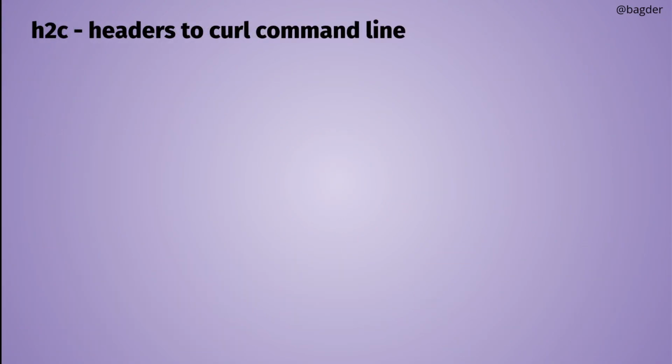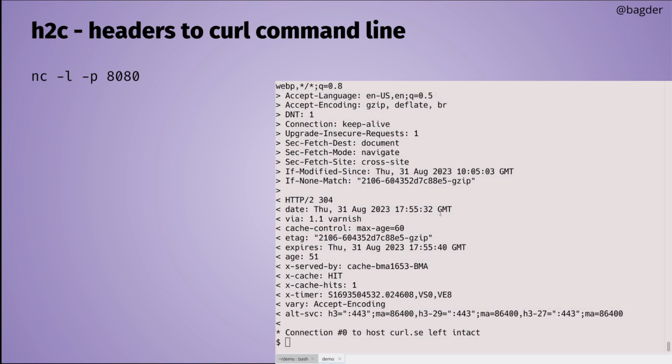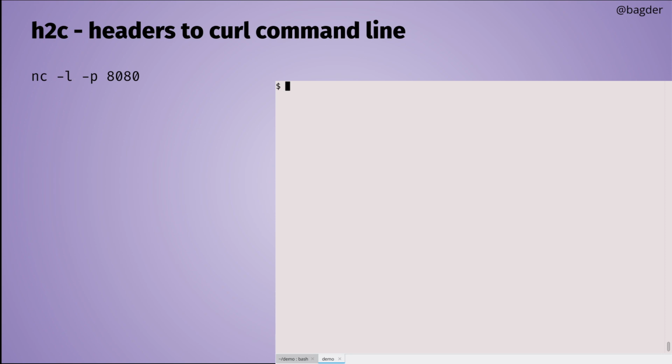If you want to mimic a browser, I wanted to show you this fun little service that I have, which is called headers to curl. So basically, if you do it like this, and now I need a terminal as well. Here's my terminal. Now I have different tabs on this terminal, and as you can see, they change color.